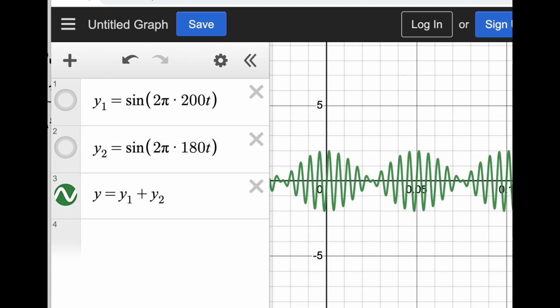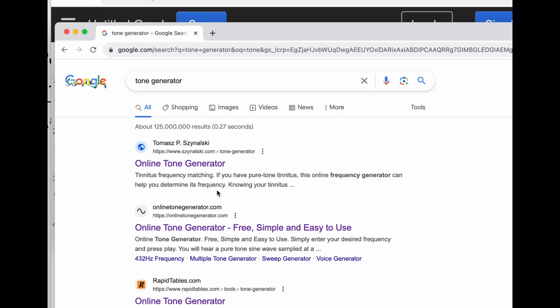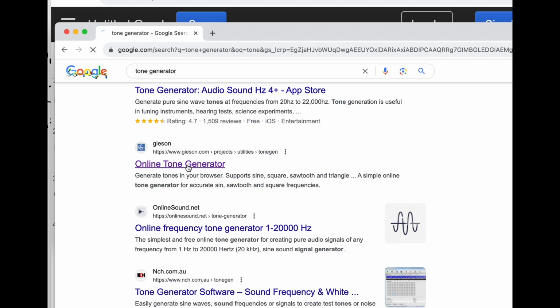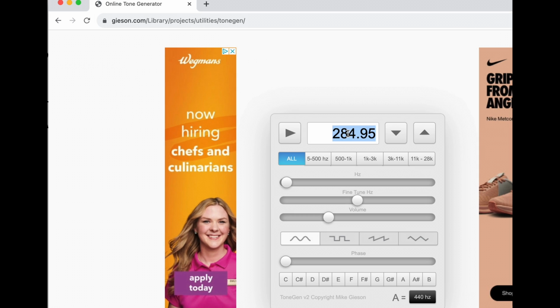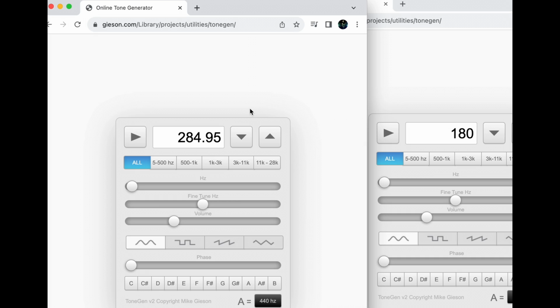Let's hear these sounds together using a tone generator. I'm going to set one of the waves to 180 hertz. Then I'm going to create another copy of this, and we'll set this one to 200 hertz. Let's hear the waves together.